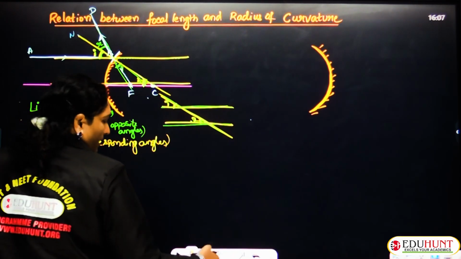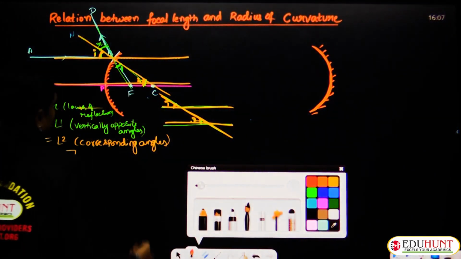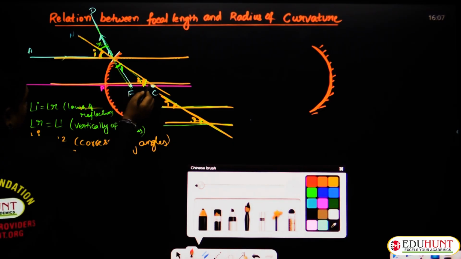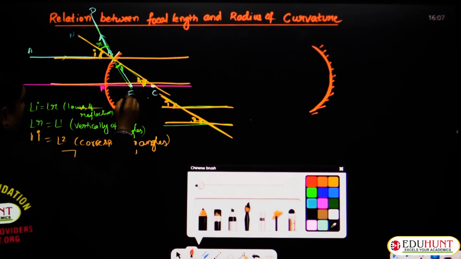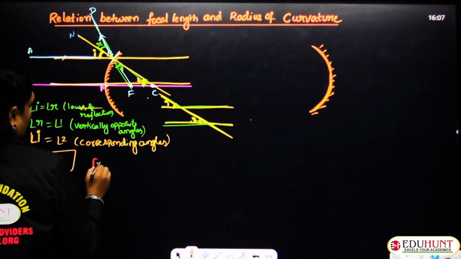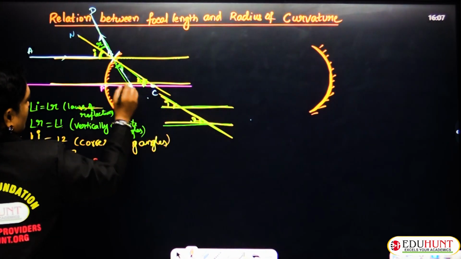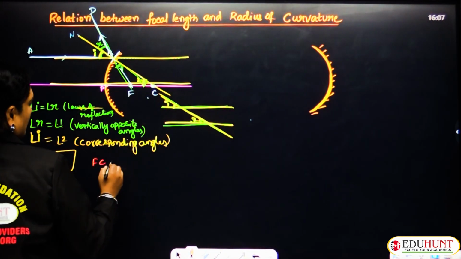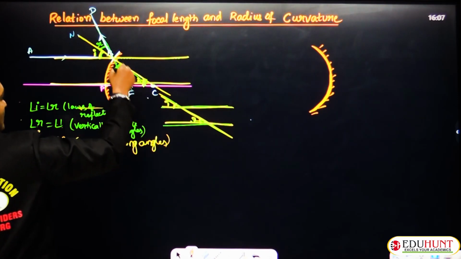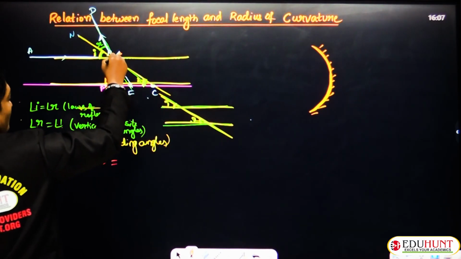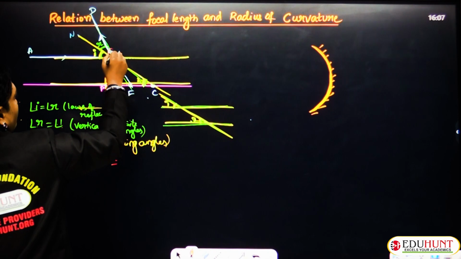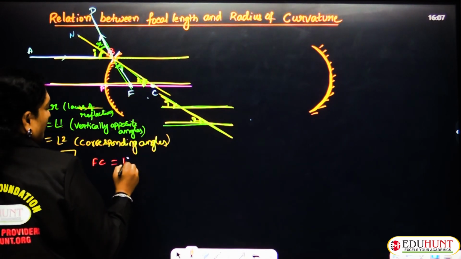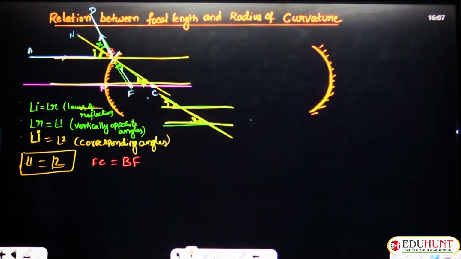So the opposite side of angle 1 is FC, and it must be equal to the opposite side of angle 2, from here to here, this is B and here it is F, BF. FC is equal to BF.